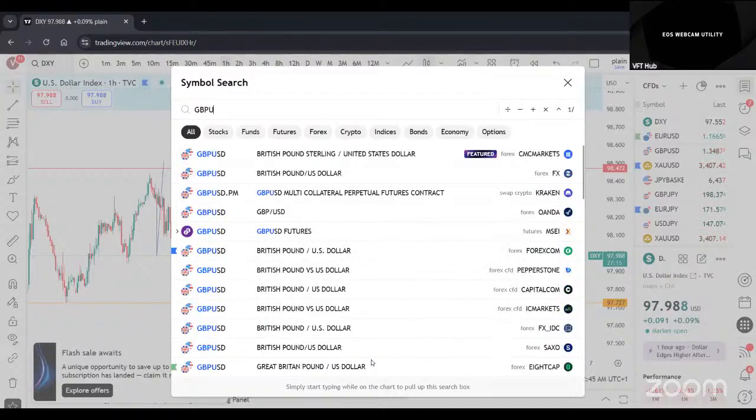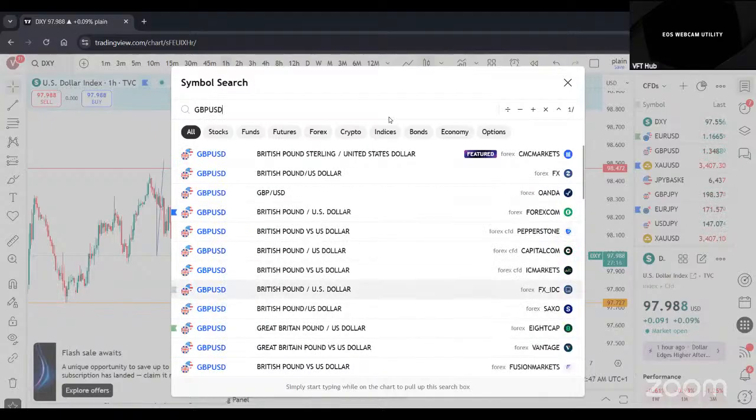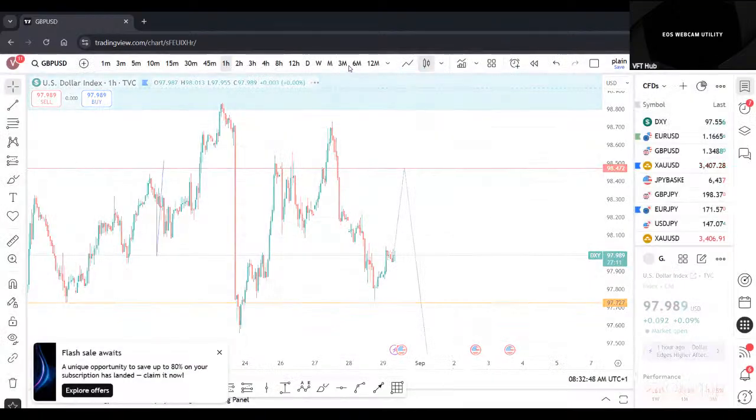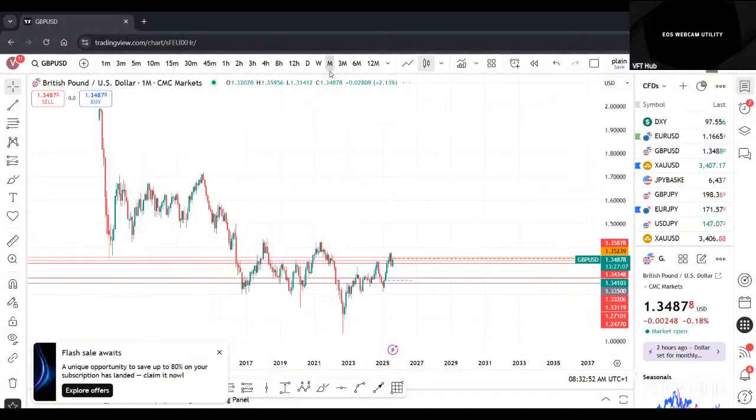Coming down to GBP USD, let's see what price has for us today and what the market is doing. On the monthly time frame for GBP USD, overall direction has been bearish for a period of time, but coming right here, we saw price take the high at 1.34405.